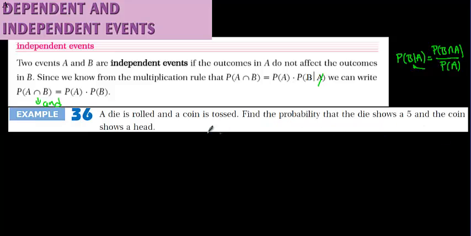So here we have an example: a die is rolled and a coin is tossed. Find the probability that the die shows 5 and the coin shows head. What does it mean? It means that there are two independent events here because they are not going to affect each other.